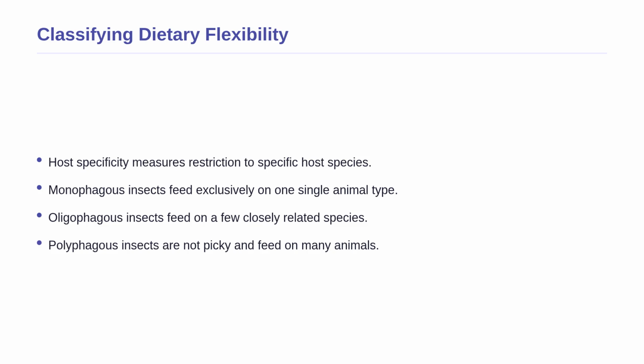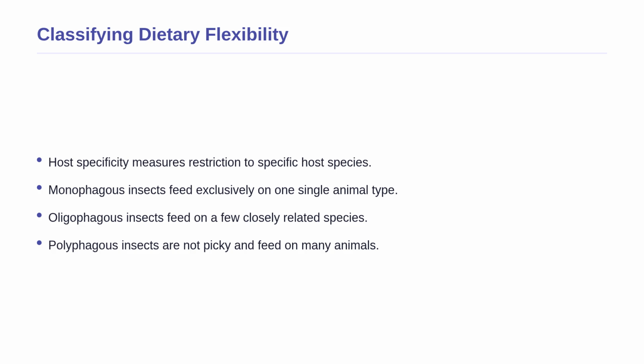Now that we understand the basic idea, let us look at how we formally classify these behaviors. Host specificity is defined as the degree to which a vector restricts its feeding to a limited group of hosts. We use three main categories. When an insect feeds exclusively on one single type of animal, we call it monophagous.